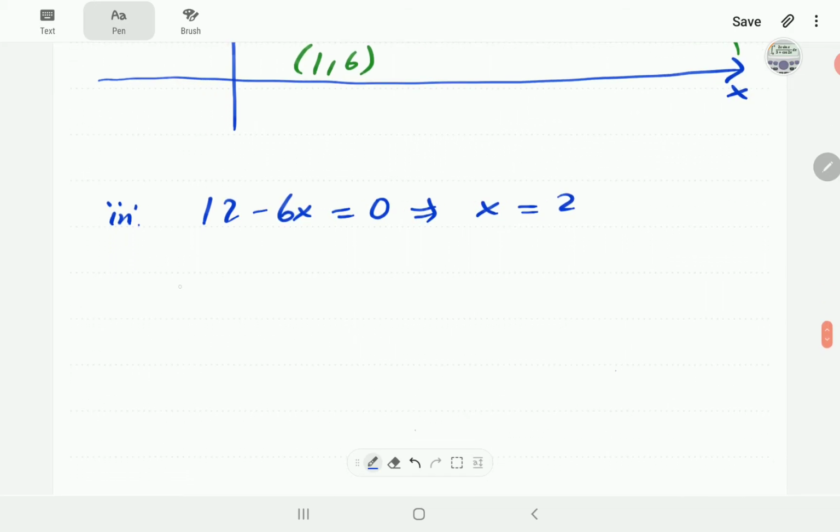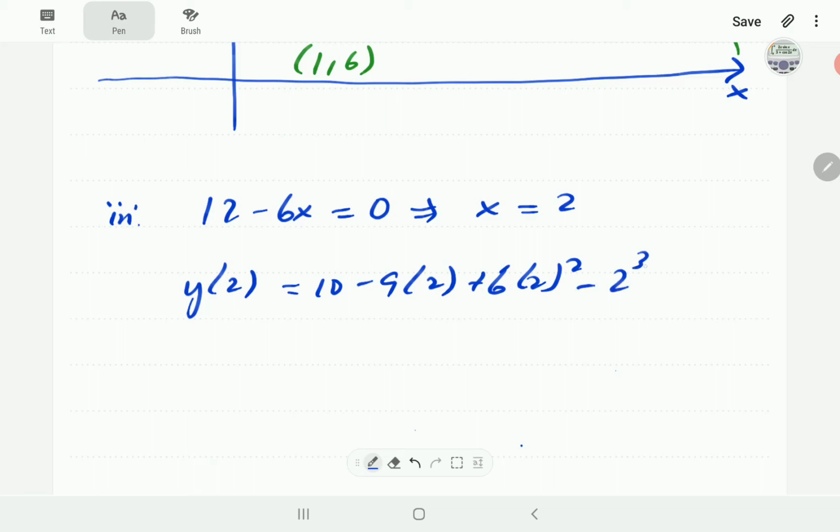Then for the y coordinate, if we plug it into the y equation, 6 times 2 squared minus 2 cubed, we find that y is 8.